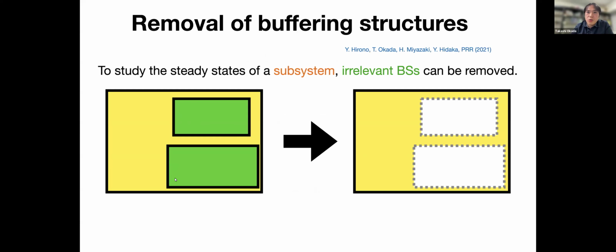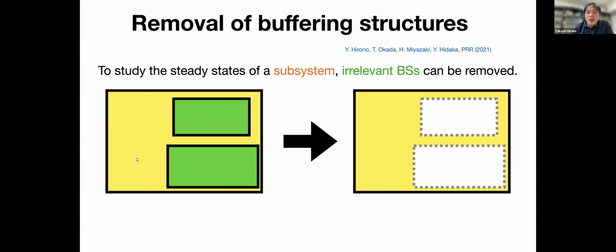Here, buffering structures are shown by green boxes, two buffering structures. And let's suppose that you are interested in the steady-state properties of the yellow part, not the green, and you are not interested in the green parts.